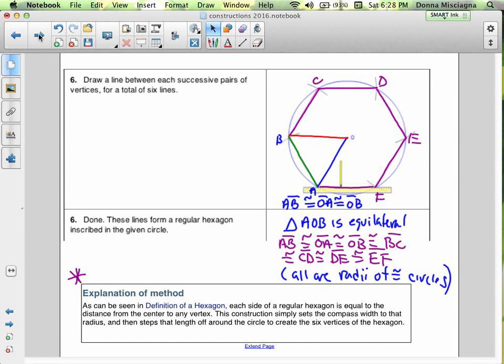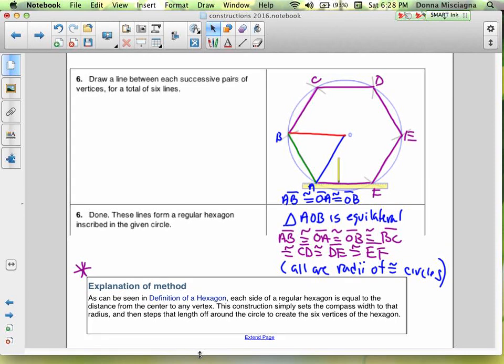I want you to include in your notes, go over the lines like I have over here, and then show AO and segment BO on your hexagon diagram. And I want you to note that segment AB is congruent to segment OA. AB was the side in our hexagon, and OA and OB are radii of our circle.